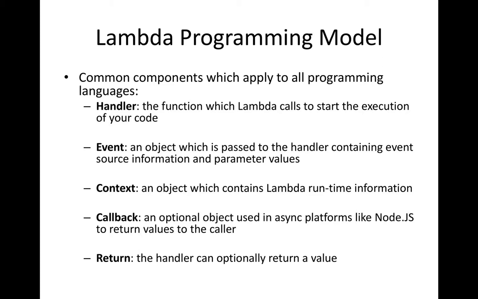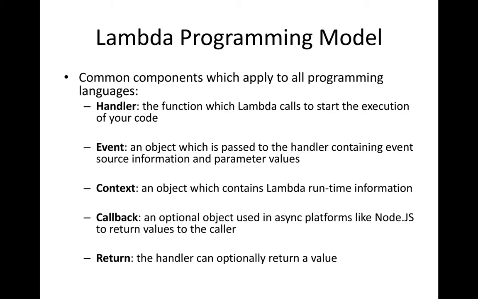Also, when you're invoking a Lambda function, a context object is created. And a context object contains some runtime information about the Lambda execution environment. A Lambda function can use the context object to basically get some information about the environment in which the Lambda function is running in.